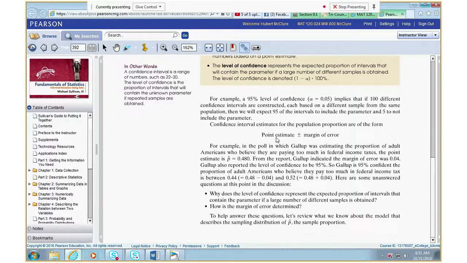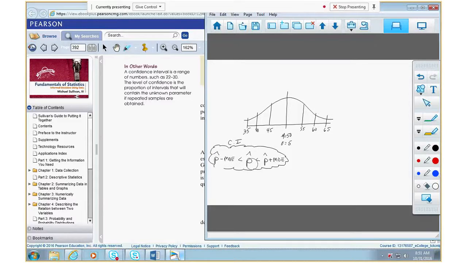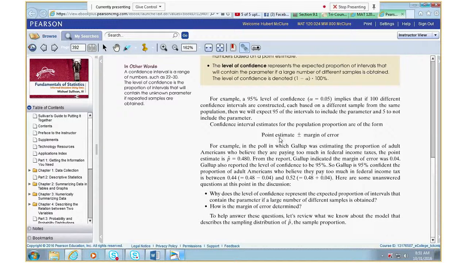This is the confidence interval, and I just showed you that right here. The point estimate plus margin of error. Point estimate what? Minus the margin of error. That's where they got it right here.